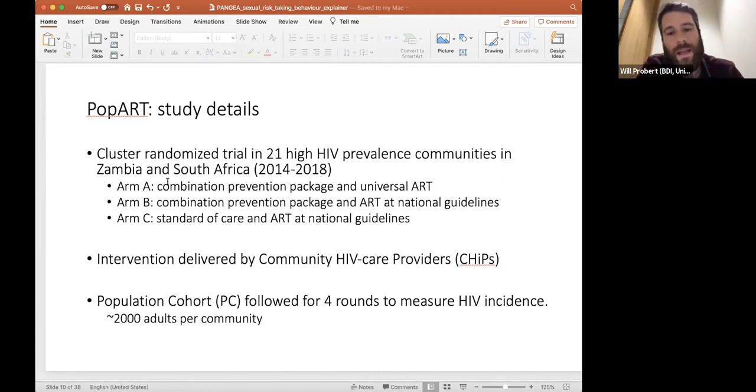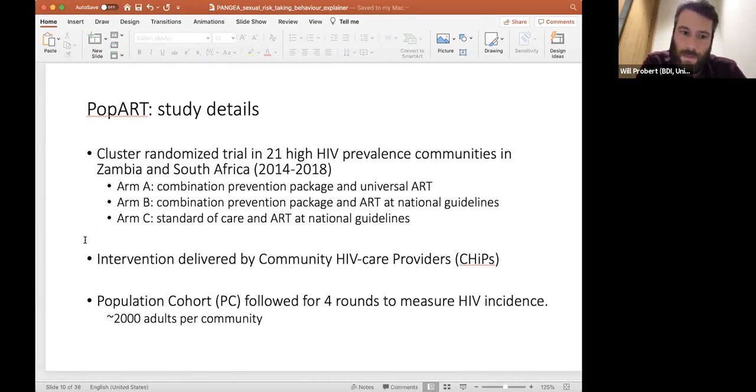Within Arm A, ART was offered universally. This was before universal ART had been rolled out in these countries. In Arm B, it was offered at national guidelines. And in Arm C, it was just standard of care. There were not these community HIV care providers going around, but ART was offered at national guidelines.